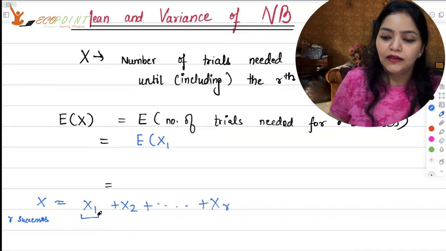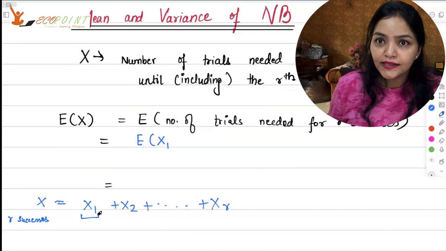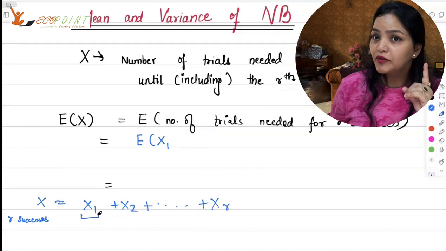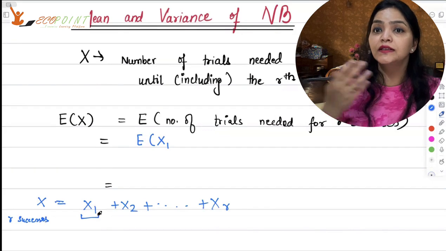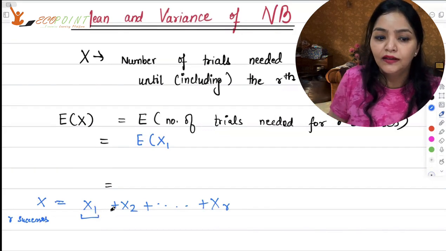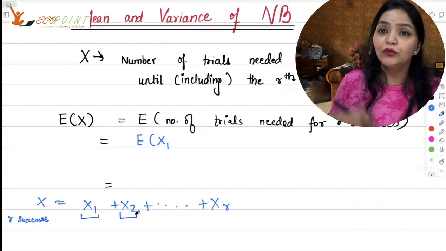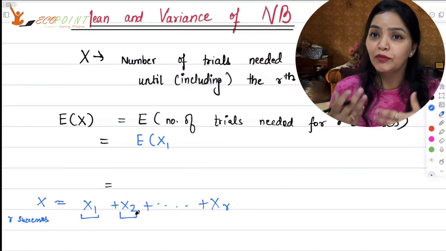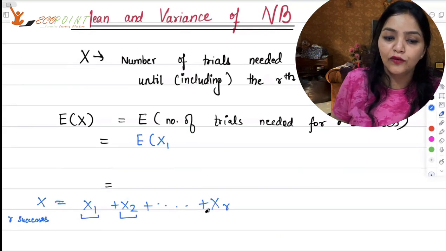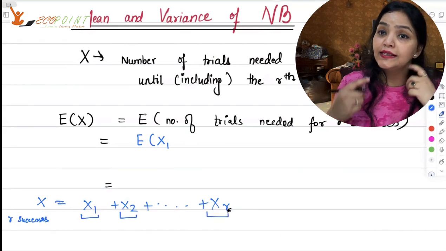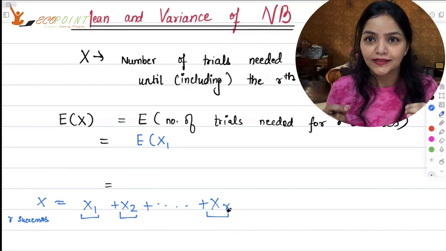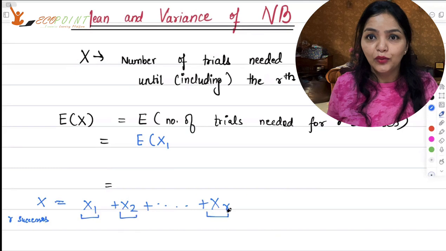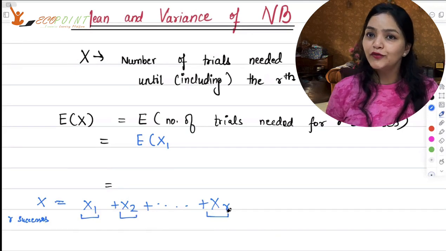I am taking X1 number of trials to get my first success. Once I get the first success, I start taking up my trials once again. Then I'm taking X2 number of trials in order to get my second success, so on and so forth. Then I'm taking Xr number of trials in order to get the rth success. And the total would be the total number of trials you've taken to get r successes.